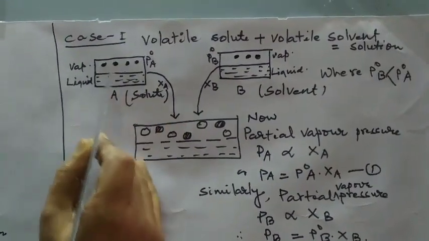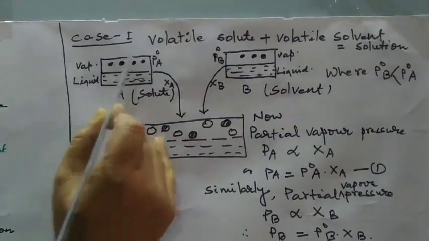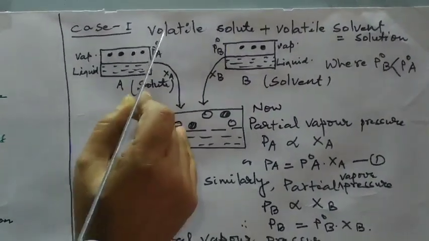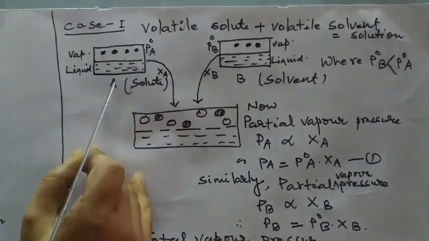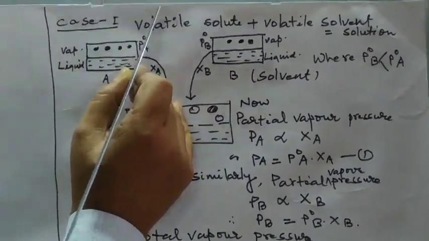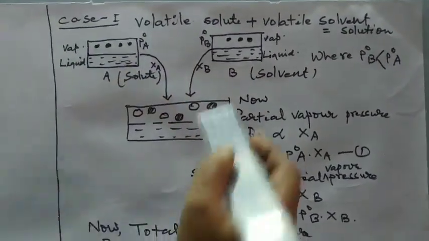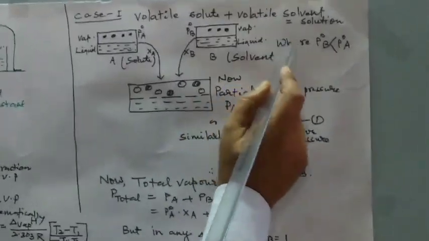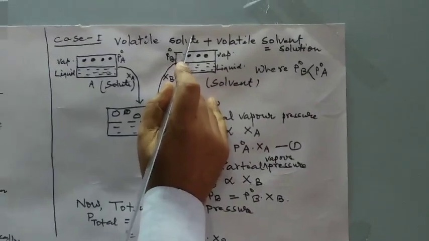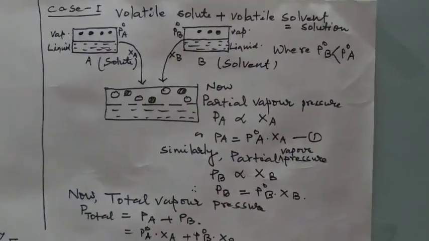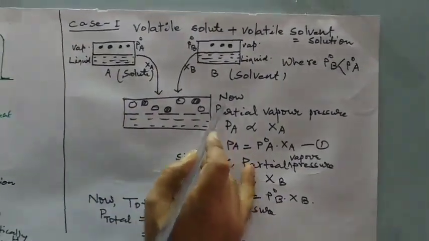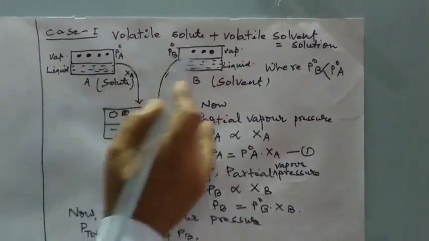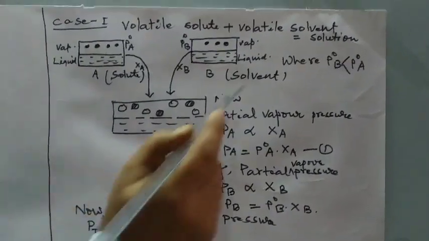This vessel contains only liquid A, with no other substance, so its vapor pressure is said to be the vapor pressure of the pure solute, that is P naught A. This is the solvent only, in the pure state, so its vapor pressure will be P naught B.